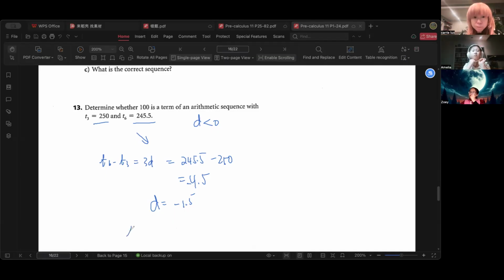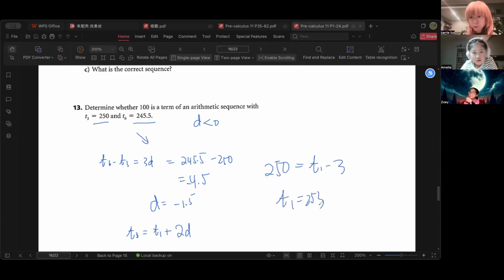Okay, so now T1 equals what? T3 equals T1 plus 2D, right? So 250 equals T1 minus 3. So T1 equals 253, right?